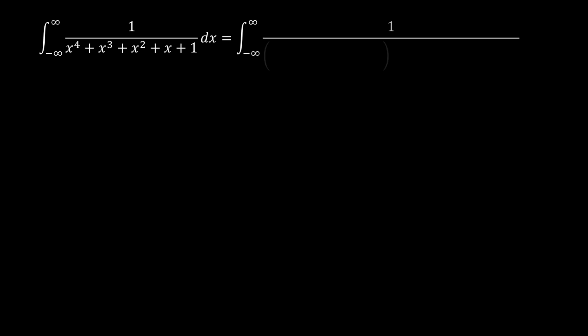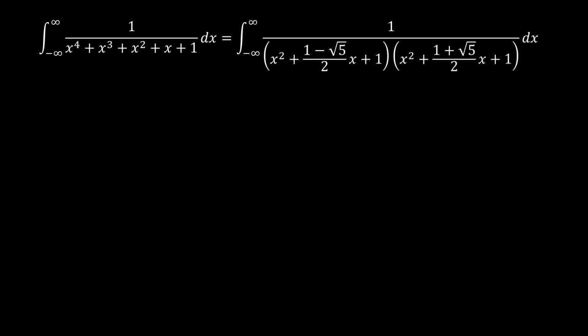Our integration now becomes the integral of 1 over x to the power 4 plus x cubed plus x squared plus x plus 1, which is the same as the integral from x tending to negative infinity to x tending to positive infinity of 1 over the product of (x squared plus (1 minus root 5) over 2 x plus 1) and (x squared plus (1 plus root 5) over 2 x plus 1).